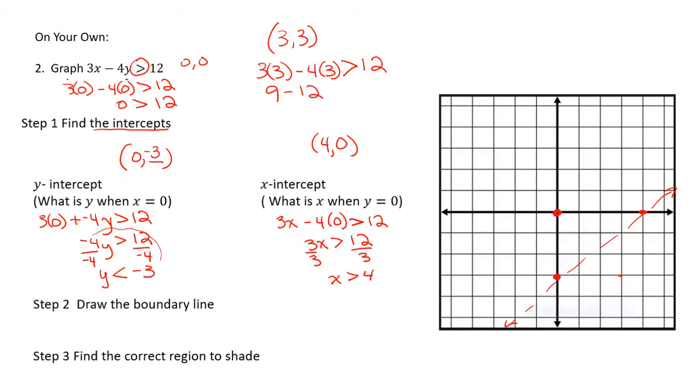Oh dear, what did I do wrong? Oh, that was (3, negative 3). Sorry. Over 3, down 3. So our y over here, let's get that in right. 9 plus a negative 12... that's still not bigger. Let's see here. I know I have our point right. What am I doing wrong? (3, negative 3).